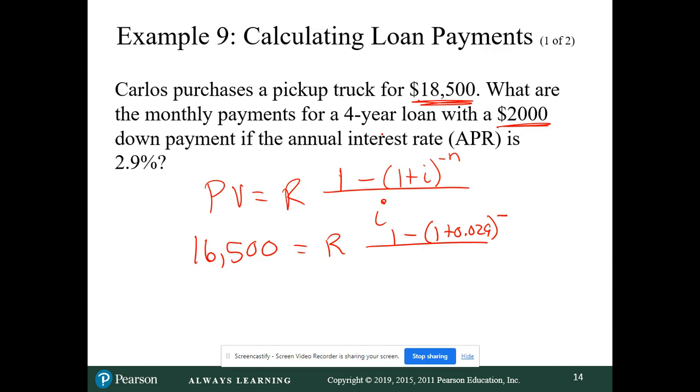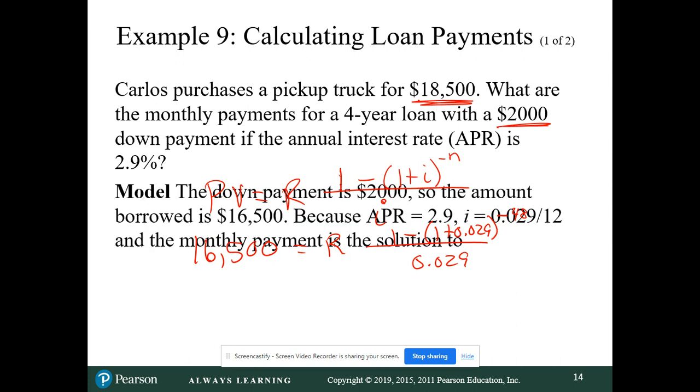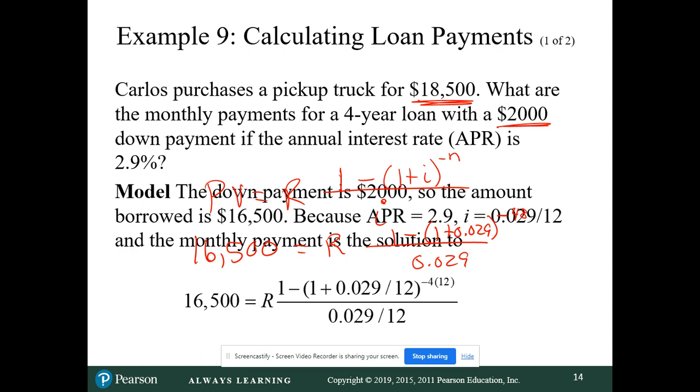So 4 years of monthly payments, it would be the negative 48th power, divided by 0.029 over 12.